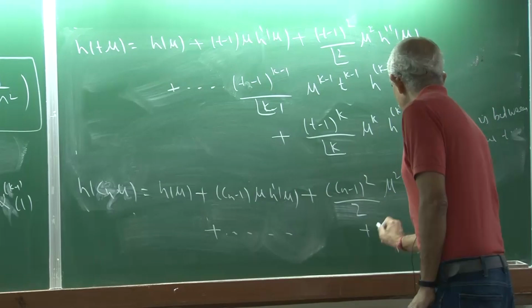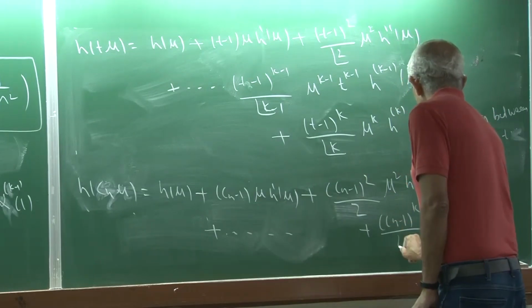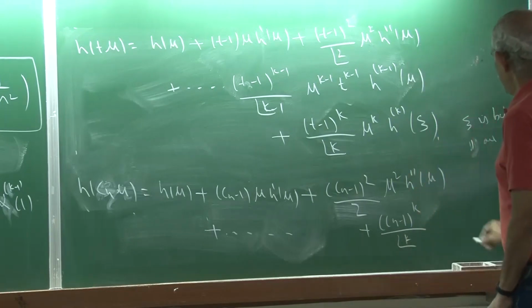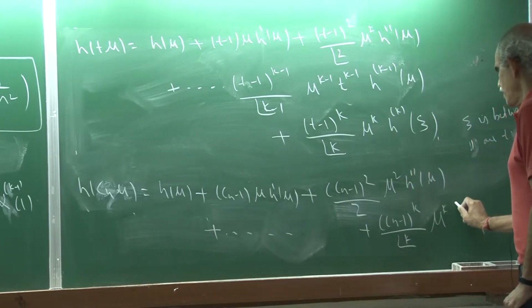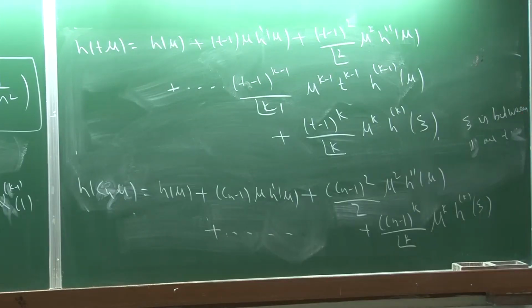Finally, it would be Cn minus 1 to power k by factorial k mu to power k h to power k xi. All right?